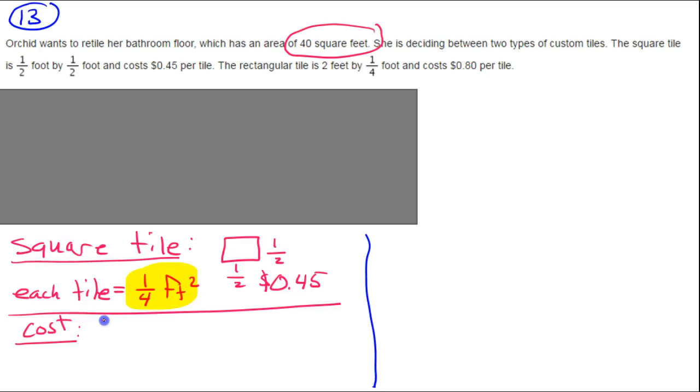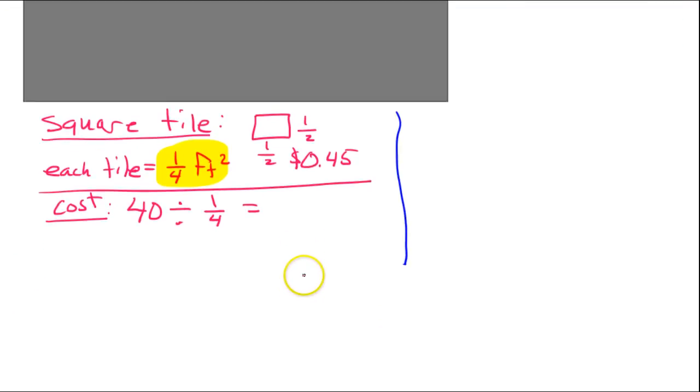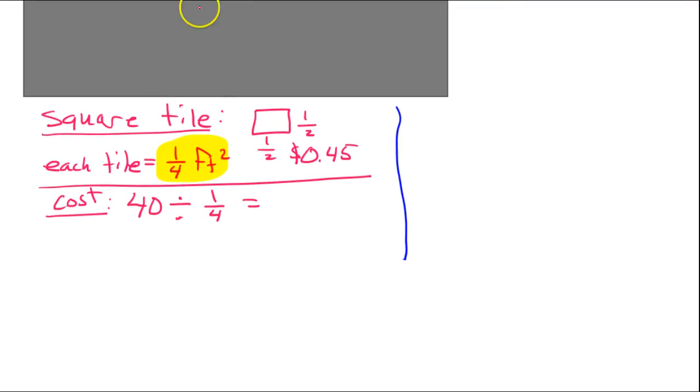So we need to do 40 divided by 1/4. That will tell us how many tiles. In fact, maybe I should write that down, sort of like I did with the cans, the box and the cylinder on the previous problem. So we're answering the question, how many tiles?